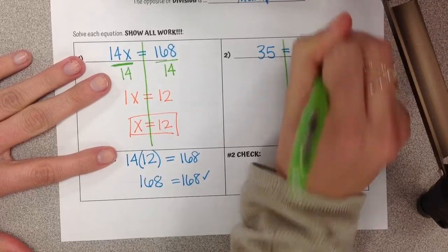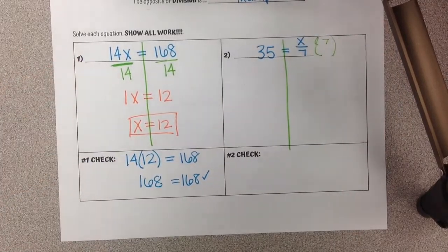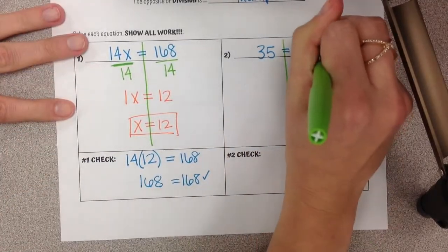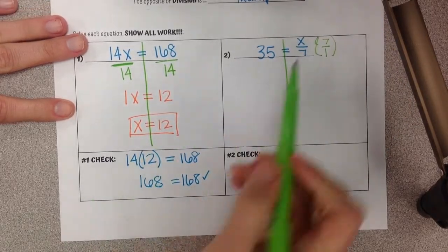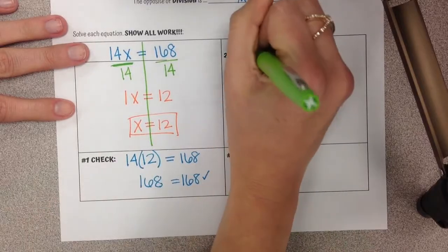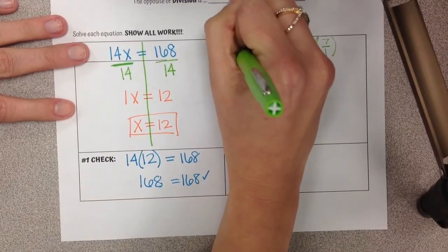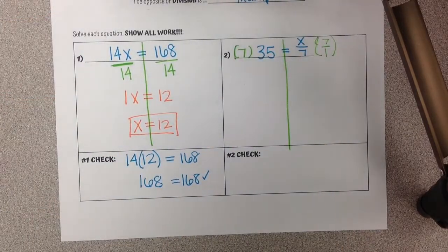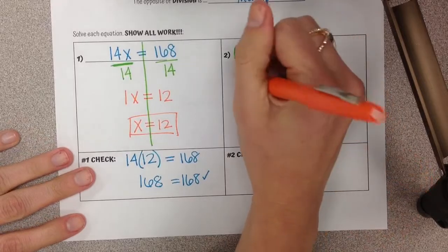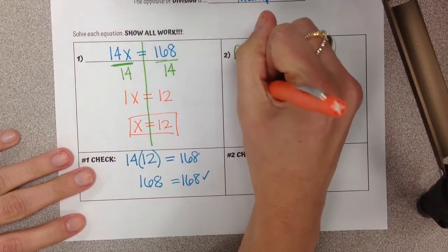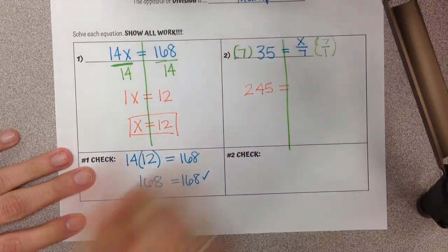Well, I'm going to, for this one, write it as a fraction. 7 is the same thing as 7 over 1. Okay? If I multiply the right side by 7, I need to do the left side by 7 as well. So now when we're thinking about what gets eliminated, on this side I'm going to do 7 times 35, which if I multiply, I should get 245.